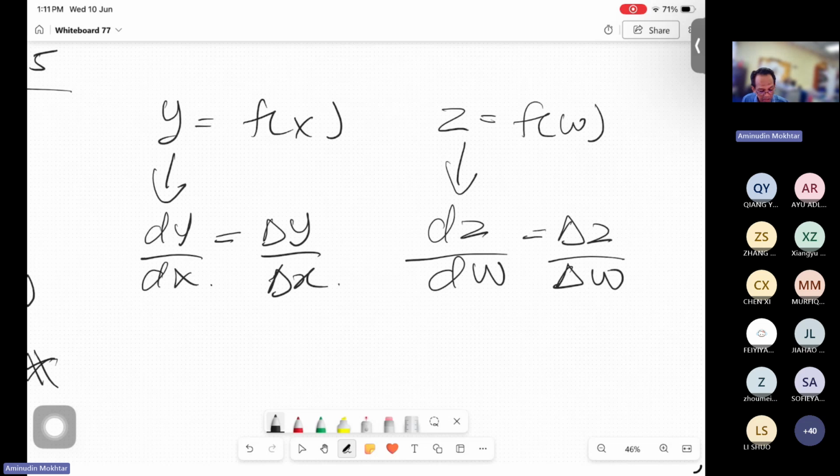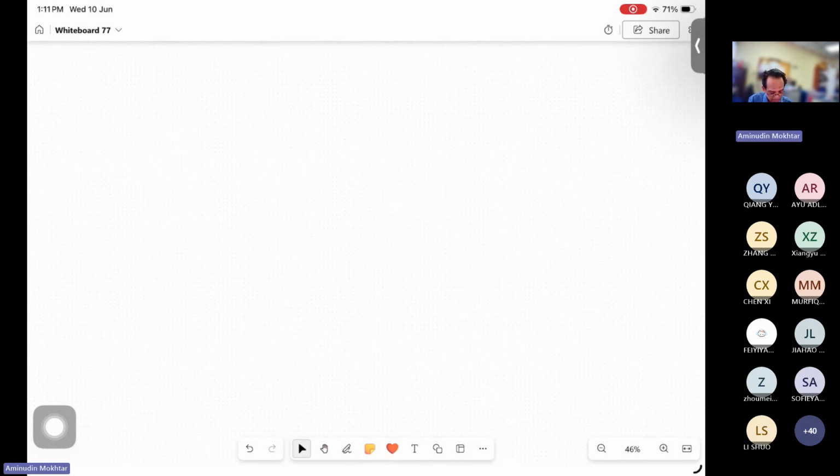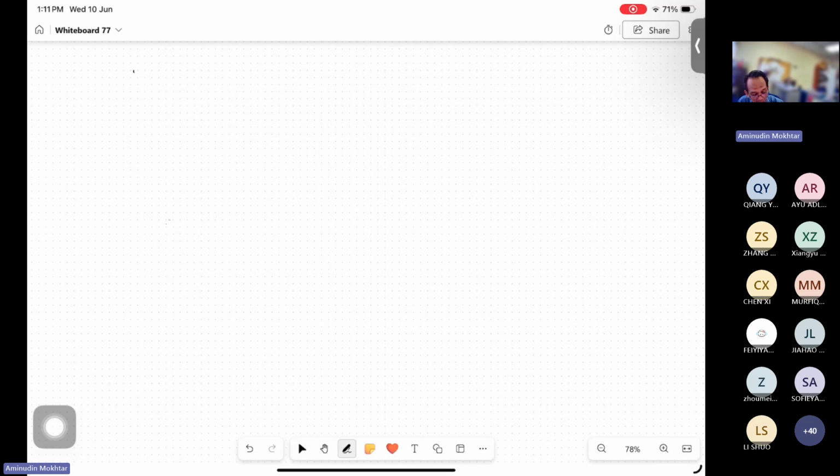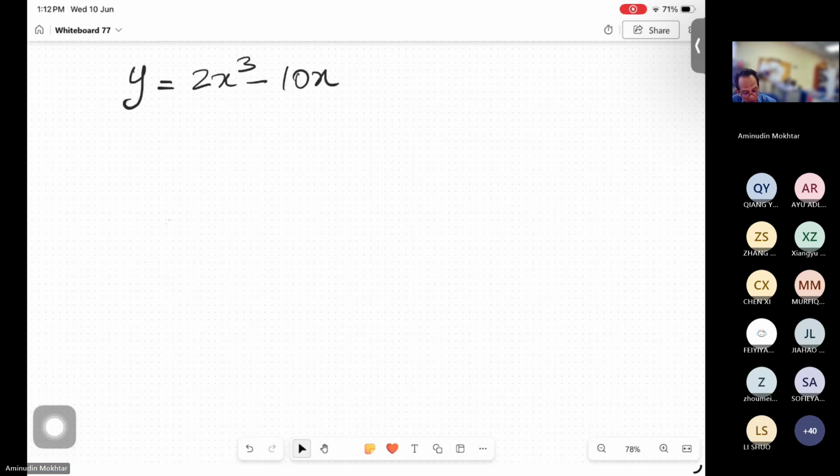Please refer to page 9, part A. Okay, given this equation, let's say y equals 2x to the power of 3 minus 10x squared plus 4x.